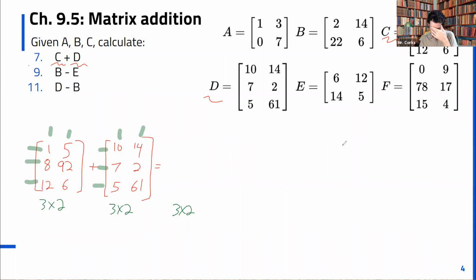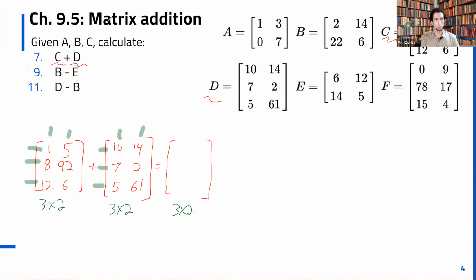Let's just add the numbers in the same place. Okay, in the same positions. So you're adding the ones in the same positions. That's the key part here. So our result is a 3x2 matrix, and we're just matching up the positions.